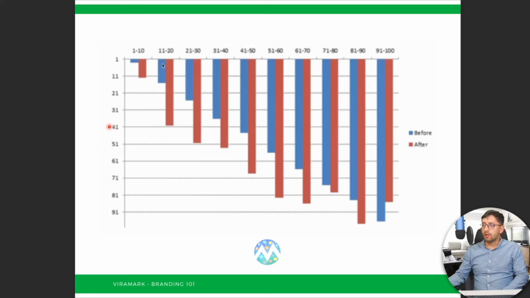If you were ranking 11th, you were ranking 20th, and so on. And you can see the damage of it. It was pretty bad, and the worst part of it was that when the Penguin algorithm came out, it didn't run along the Google algorithm.